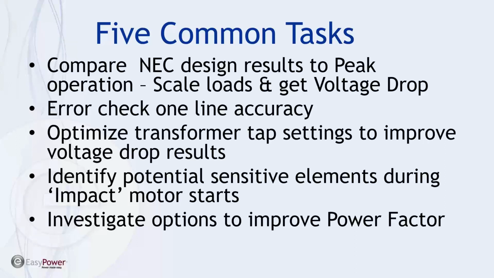Then we're going to use EasyPower to do an accuracy check on our one-line diagram, do some optimization by calculating what the optimized tap settings on a transformer might be, identify potential sensitive elements for motor starts, and then investigate options to improve power factor.